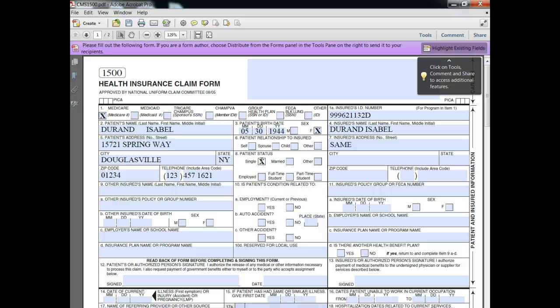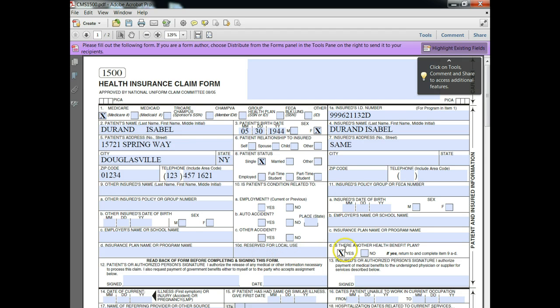She does have another insurance. As you will see, being on Medicare, she has a secondary insurance, and since she's low income, it's Medicaid or medical assistance. So we go down to 11D, as in dog, and check yes.